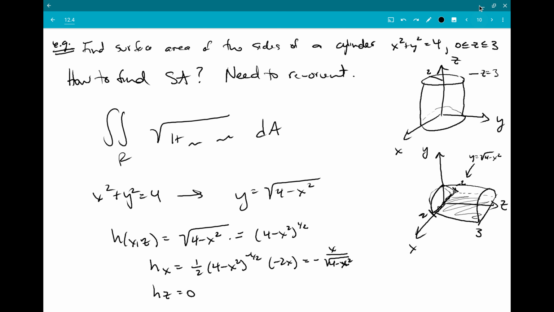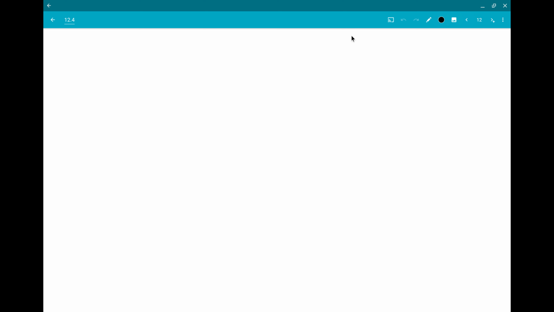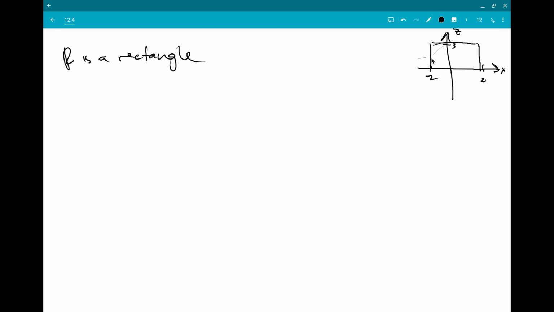So all that to say, our region in the xz plane is a rectangle, and I'll go ahead and sketch it for us. So here's x, here's z. It goes from 0 to 3 and from minus 2 to 2. So it's like this, and you can imagine that the can is kind of sitting above it like that.